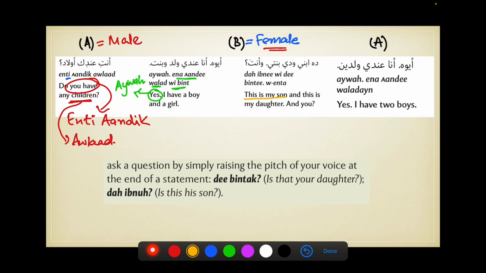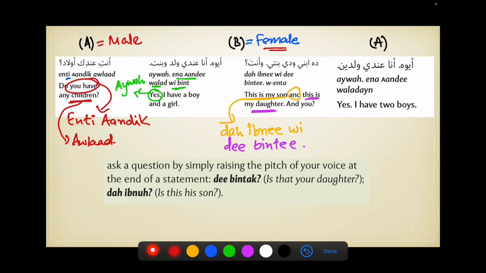So this is my son will be da ibni, and for "and" we will write wi, and this is my daughter will be di binti.